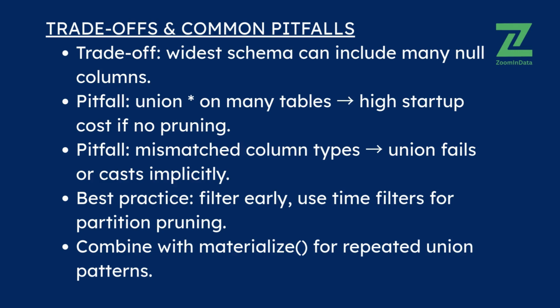Mismatched column types across tables means union fails or forces implicit casts, string to int, etc. Best practice: always filter early, especially on time columns, so the engine prunes irrelevant partitions. For repeated union patterns, wrap in materialize to cache the result. Union is flexible and forgiving, but pair it with smart filtering and you get both correctness and performance.